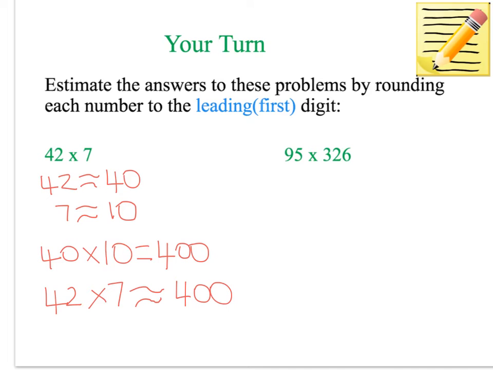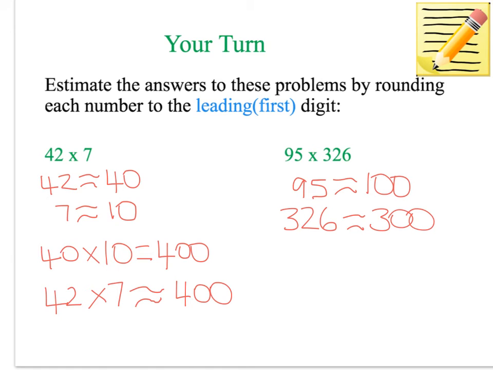All right, I want you to go ahead, pause the video and do this next one for me. 95 times 326. Right, the first step is to round each number to the leading digit. So the 95, we're going to round that to 100, because it's 5 or more. And then the 326, we're rounding it to the first number, which is the hundreds. So that's closer to 300.